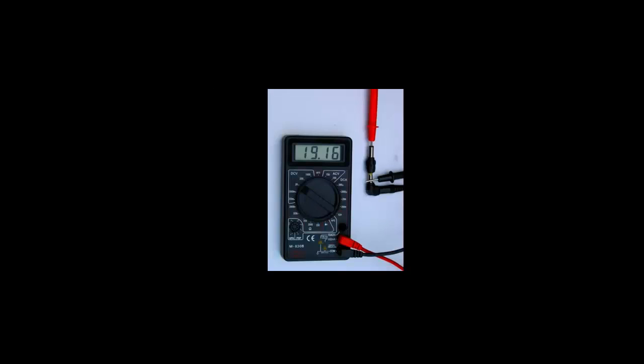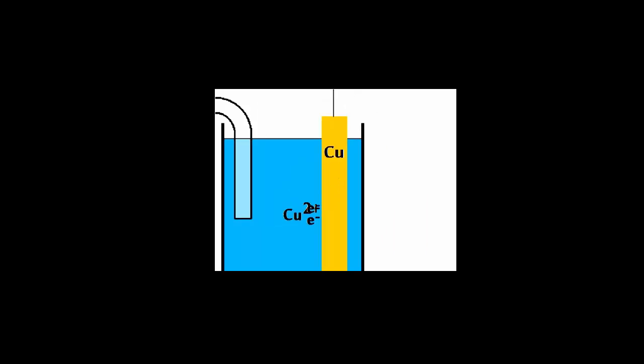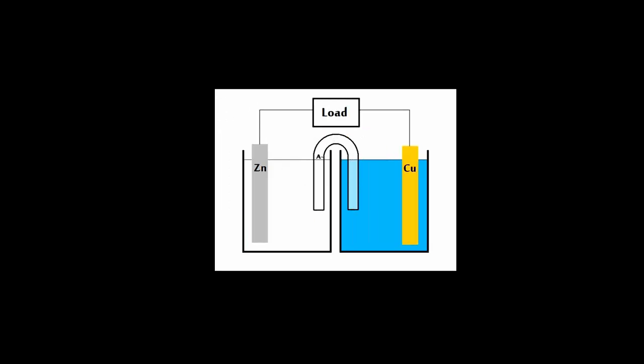Through the load on fire, they enter the cathode and reduce the cations, and the anions go through the salt bridge back to where? Where?